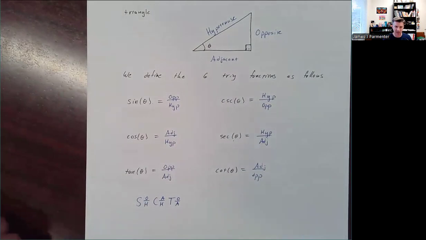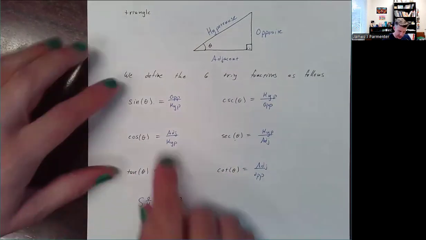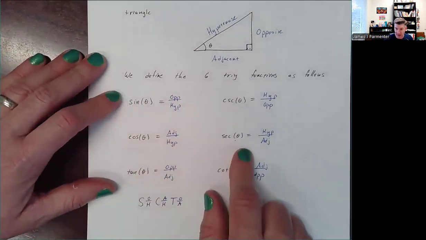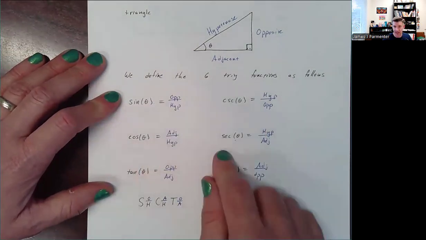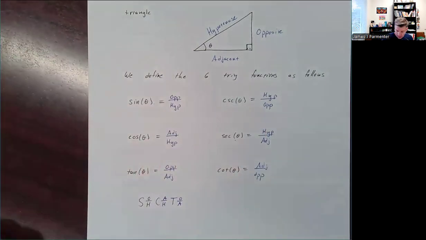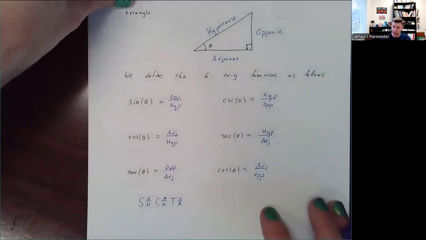I know that tangent and cotangent go together, and then I know that sine can't go with secant because one of them has to be a co. So sine has to go with cosecant as a reciprocal, and cosine has to go with secant as a reciprocal. All right, so definitely want to memorize those. So SOH CAH TOA: sine is opposite over hypotenuse, cosine is adjacent over hypotenuse, tangent is opposite over adjacent.